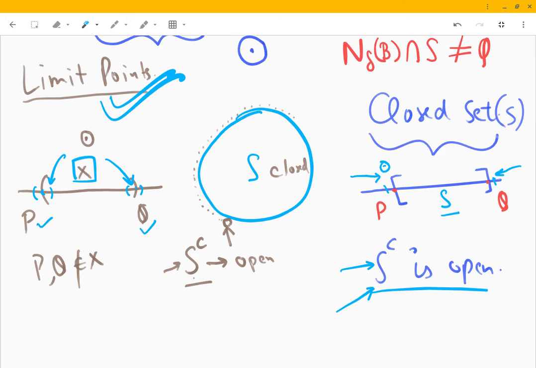I hope I make sense, right? Any piece of real line will have infinite elements. I hope you know this. So P and Q are limit points. The set of limit points is called the derived set.